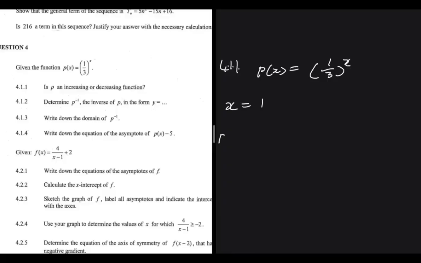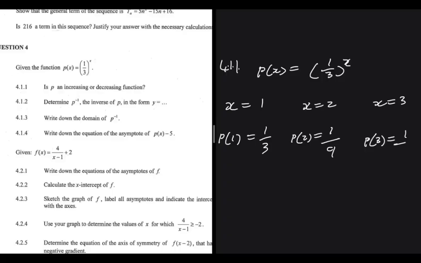If you substitute x equal to 1 into p of x, you're going to get 1 divided by 3. If you substitute x equal to 2, you're going to get p of 2 being equal to 1 divided by 9. And if you substitute x equal to 3, you're going to get p of 3 being equal to 1 divided by 27.